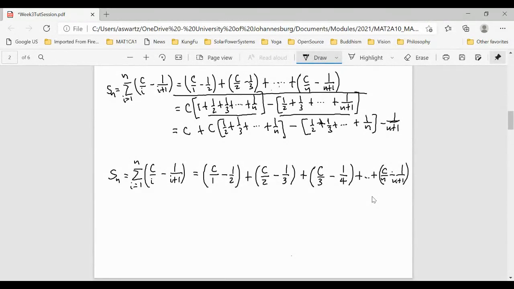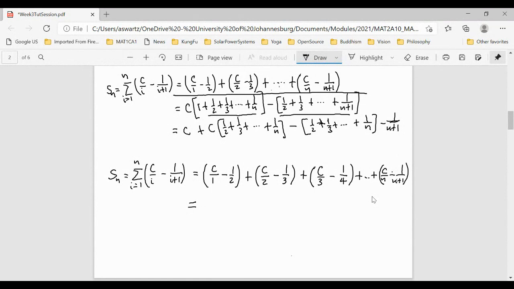Okay, now notice that I can write the same thing now, but move the brackets.